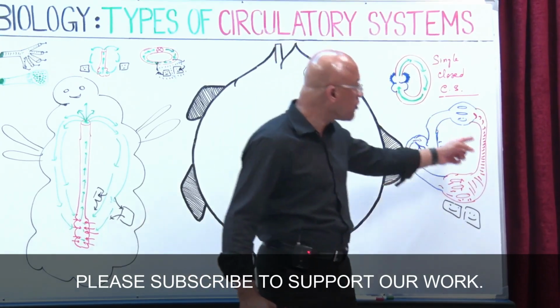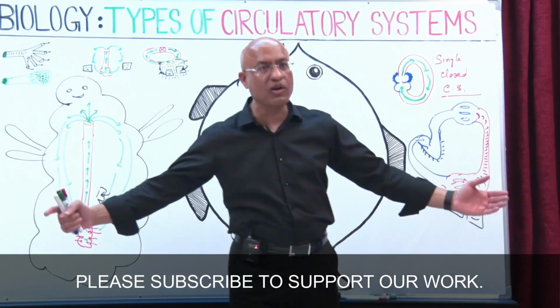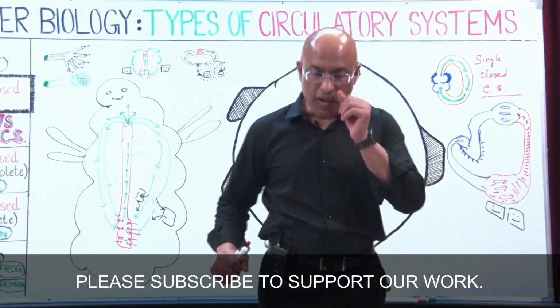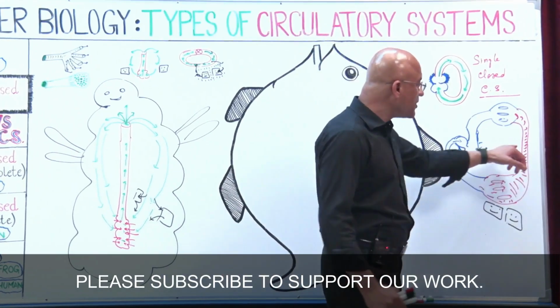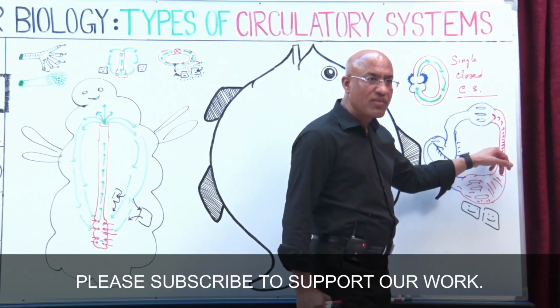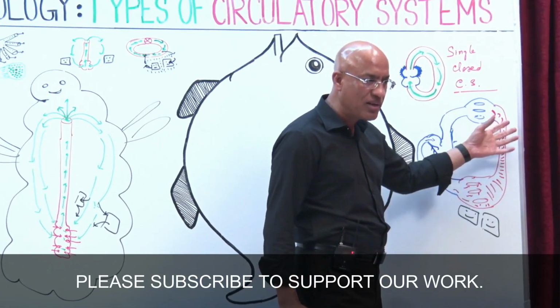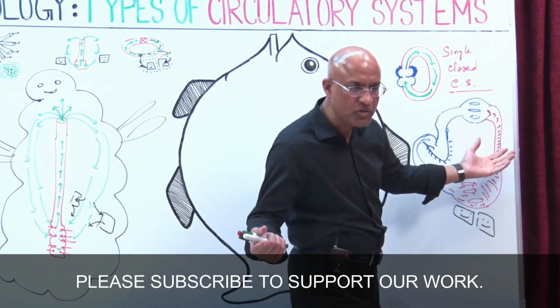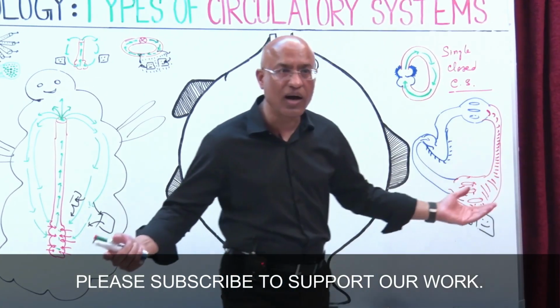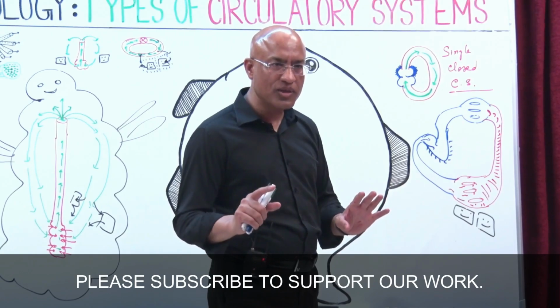And if it moves faster, it can support a bigger organism with more metabolic needs. Now, it means this should again come in touch with the heart, because the pressurizing device is the heart. What is the pressurizing device? That is the heart. Are you understanding what I'm saying?